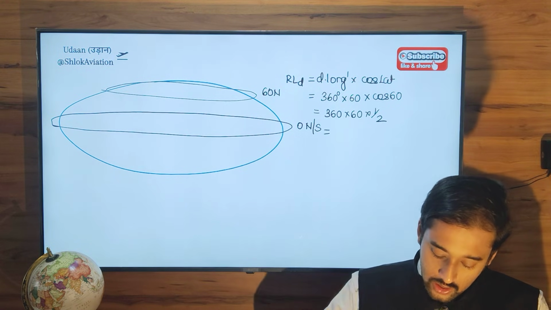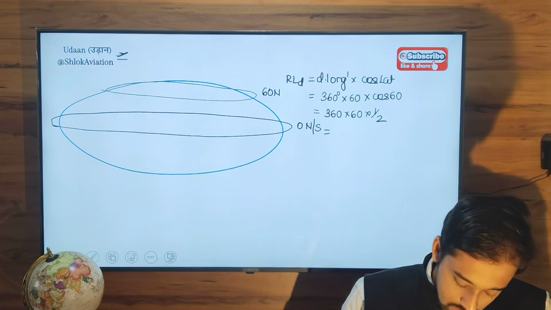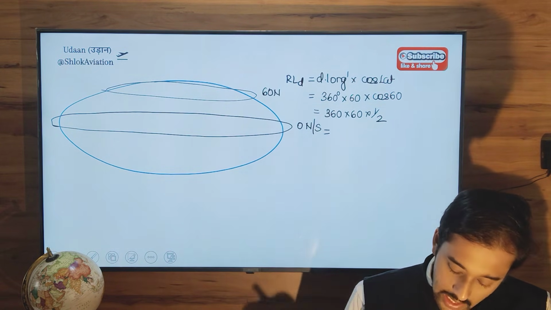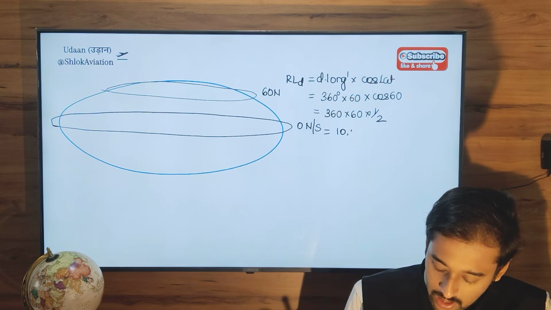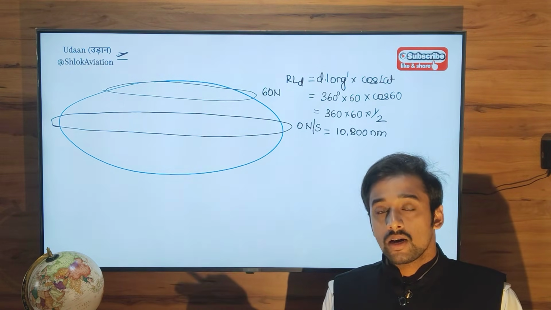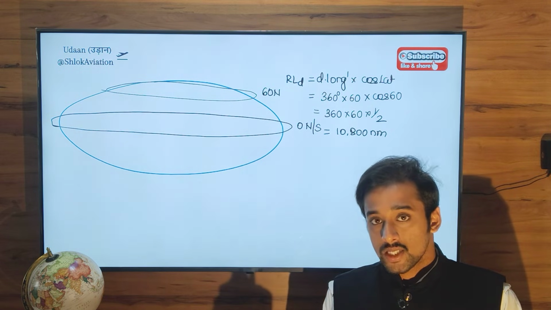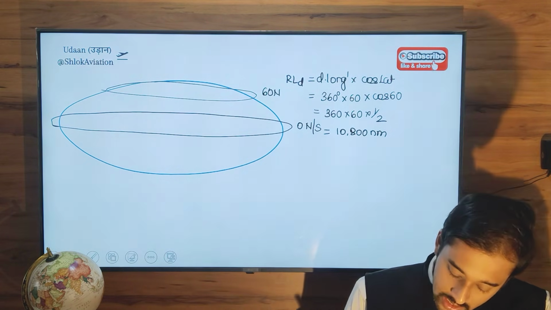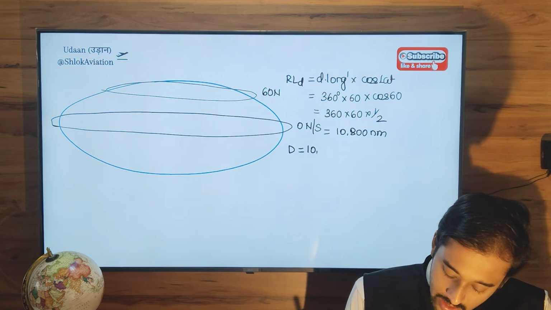That will be equal to 10,800 nautical miles. So the total distance you will cover when you circle a 360-degree rotation at 60° latitude is 10,800 miles.